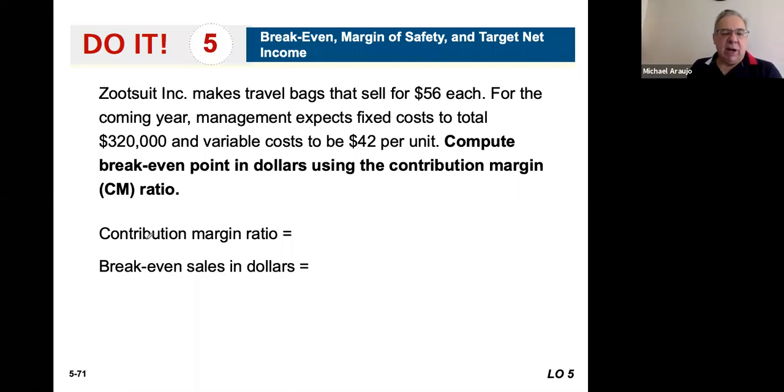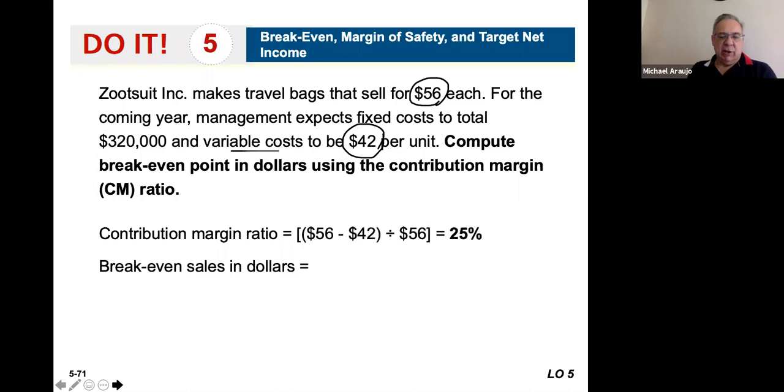So the contribution margin ratio. The contribution margin is quite small, right? Because you have a $56 product, and $42 of that product is in variable costs. So the remaining $14 is your contribution margin. When you put that over $56, you're going to have a 25% contribution margin ratio.